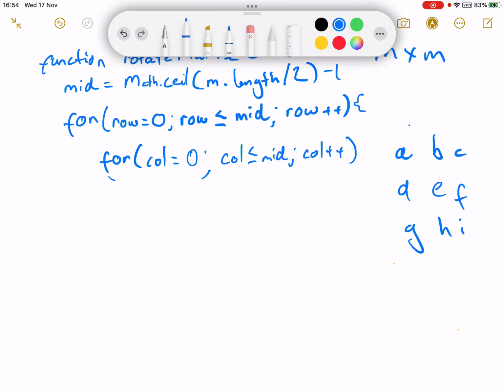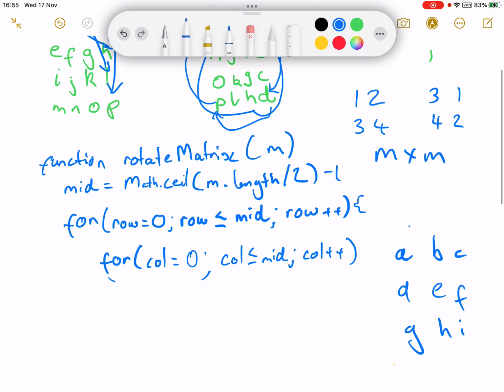Less than or equal to mid, because less than or equal to mid. Okay, so if 0.